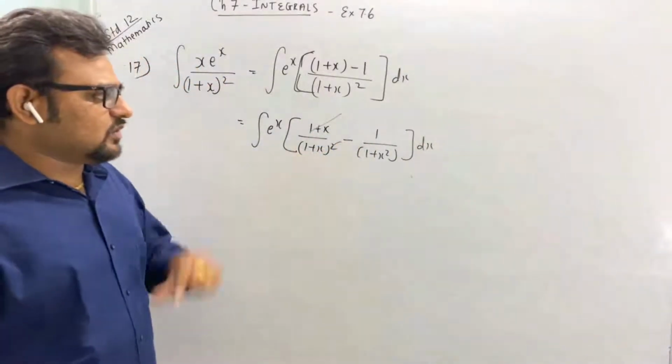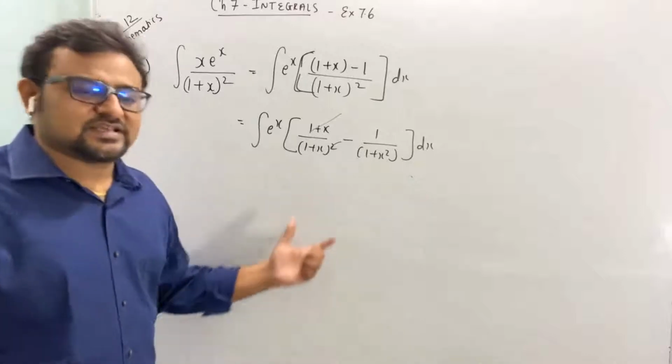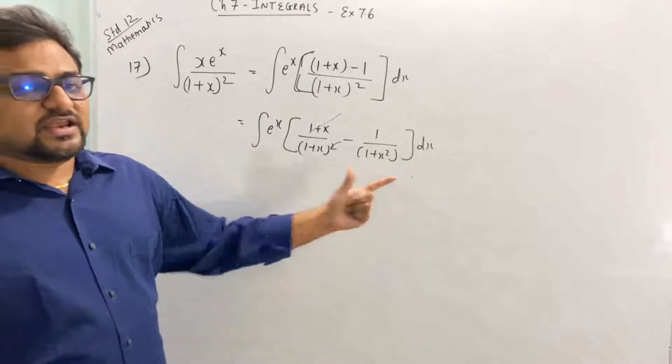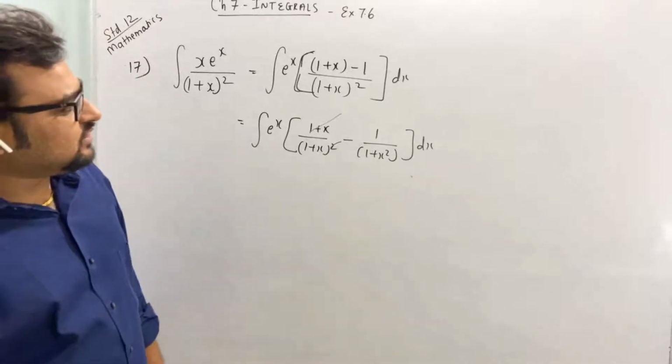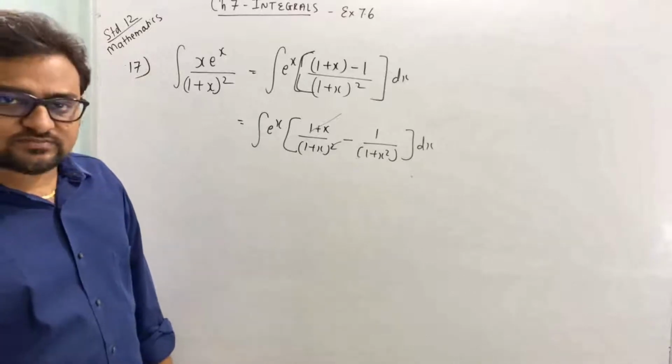Okay. Now 1 upon (1 plus x) whole square. Now one is f(x), another is f'(x).